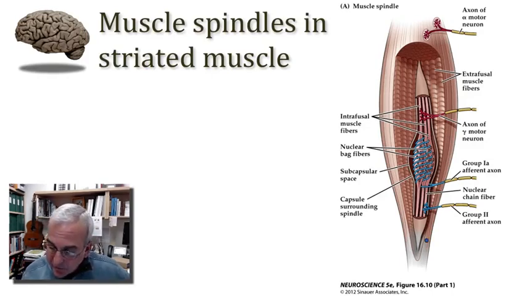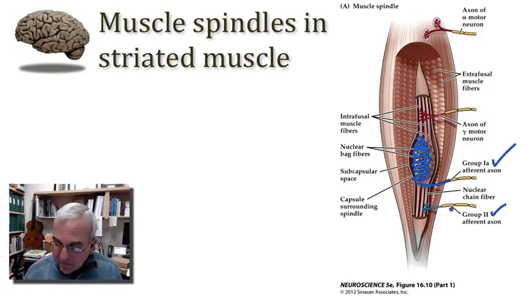There are two types of sensory axons. There's the group 1A afferent axon and the group 2 afferent axon. The group 1A tends to supply the central portion of these intrafusal muscle fibers, which is where the nuclei of these muscle fibers tend to aggregate.